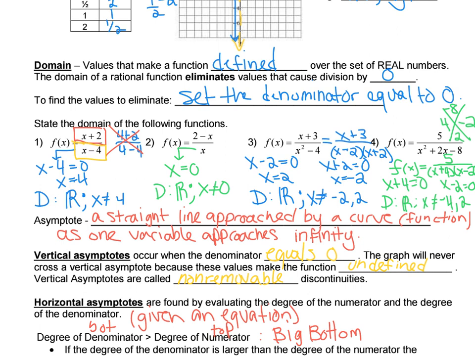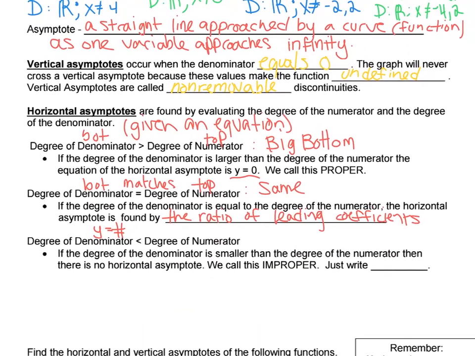So I would label this as a same, and then my equation would come from the leading coefficients. So in front of these x's is a 1 and a 1. So the ratio of leading coefficients would be y equals 1 over 1, and that's my horizontal asymptote. HA, y equals 1 over 1. I know 1 over 1 is just 1, so I could also just put 1. That's how that'll work. We will do some more examples of this.